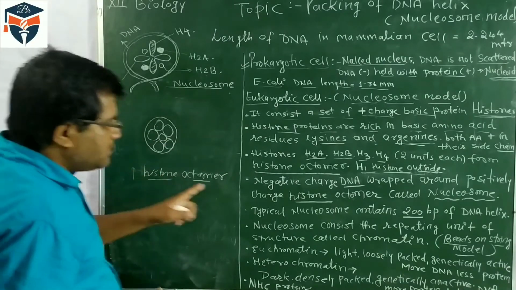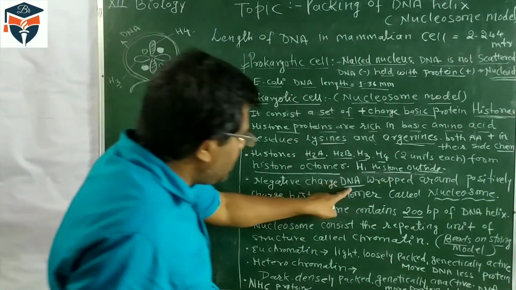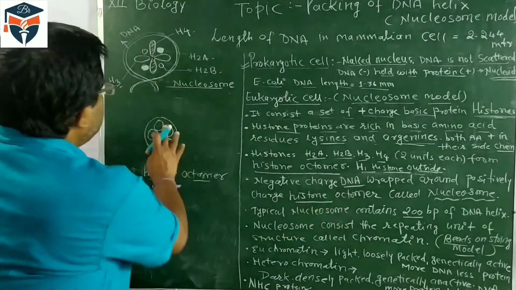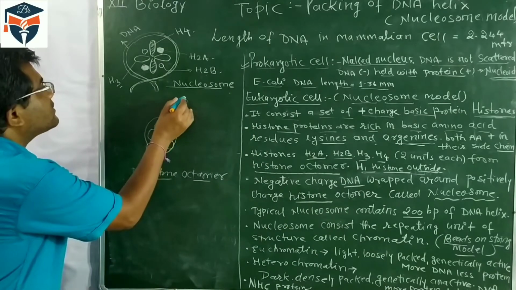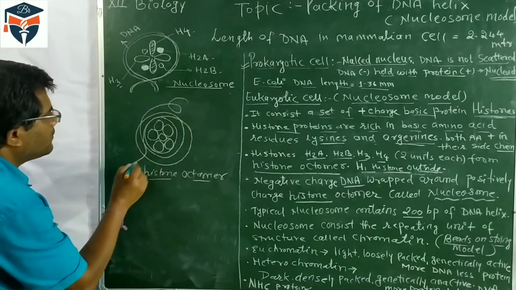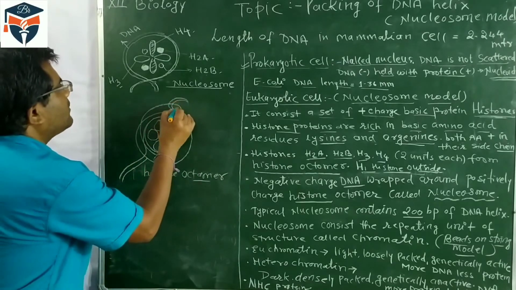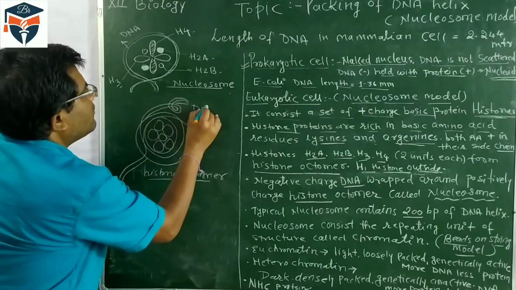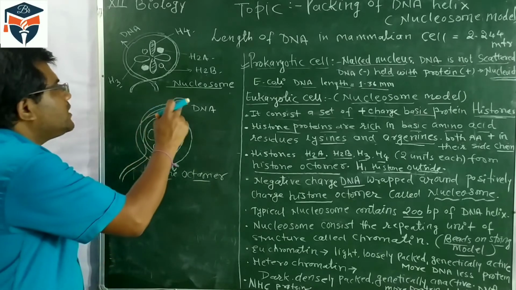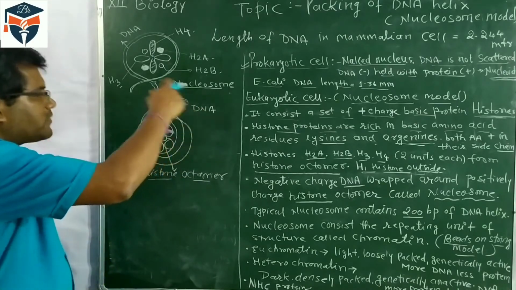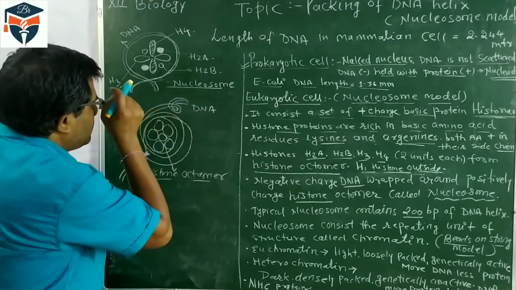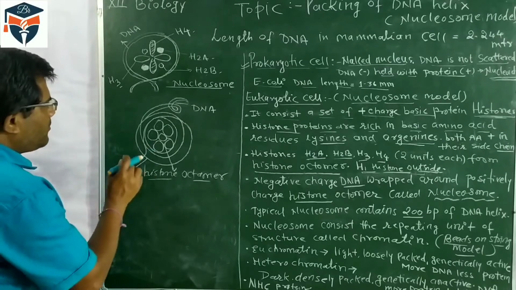This is the histone octamer, and this is covered, it means wrapped, by the DNA. This is the DNA molecule, and this, as I told you, is the histone octamer. So the DNA molecule is wrapped around the histone octamer.